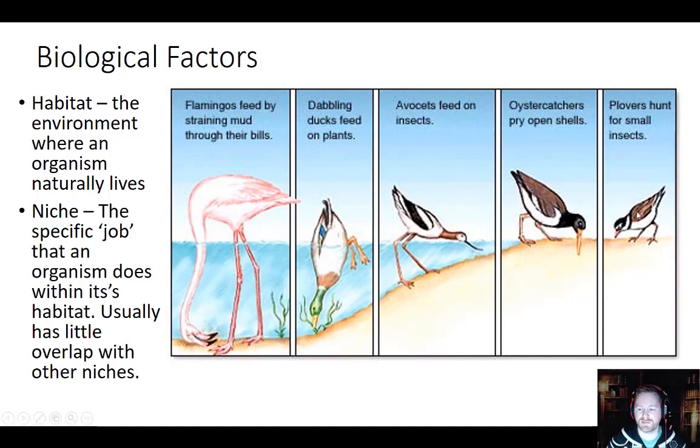For example, here we have these plovers. Plovers live way up, furthest away from the water, in a sandy, soily area, and they go around and pick out small insects from the soil. Whereas oyster catchers also live up on the sandy shores, but a little bit closer to the water. And they tend to go in areas where there are bivalves and pick them out.